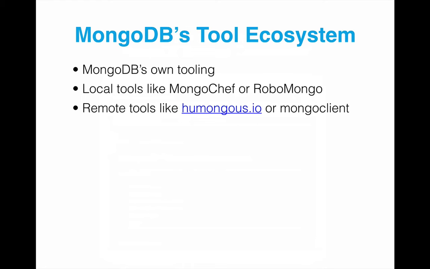There's also tools that you can use remotely from your workstation. For example, humongous.io is a web-based interface for MongoDB. The user interface in this case is hosted on their servers, and you pay a monthly fee to use it. But then there's also something called Mongo Client, which is the same concept. It's a web-based user interface, and it's open source.